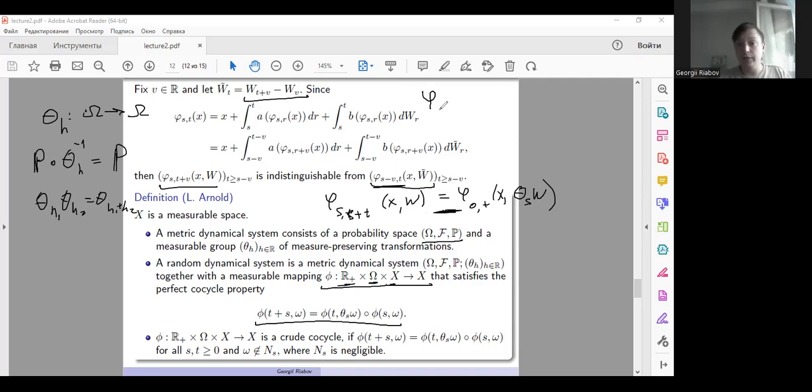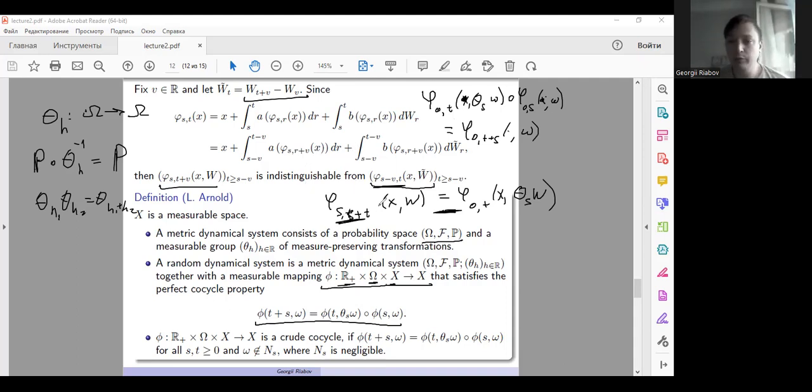So phi 0t of theta s omega, if we compose it with phi 0s of omega, then we will have exactly the composition of two mappings from the flow, which is phi 0 t plus s of omega.